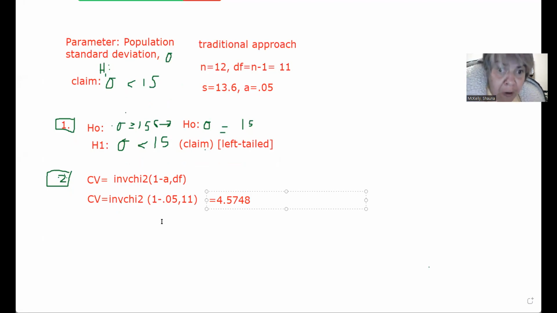Now I'm going to proceed to the test statistic. This is where my formula comes in. So now I have step 3 down here. This is going to be the actual chi-squared based on the sample data. So this is going to be my test statistic right here.